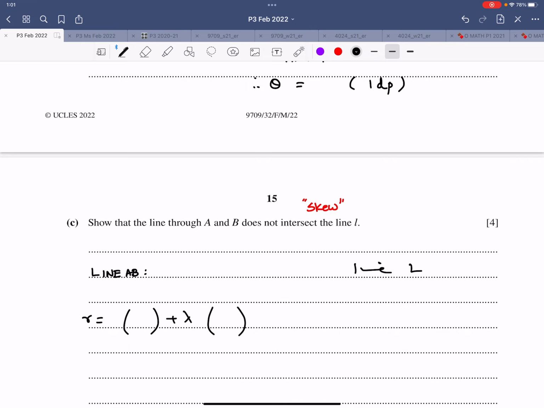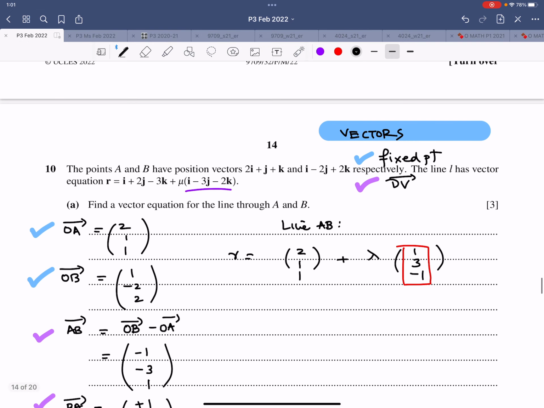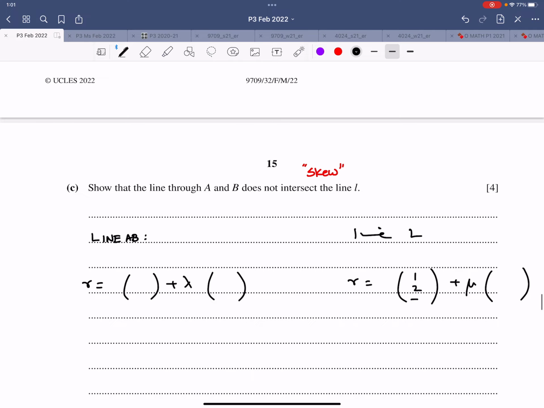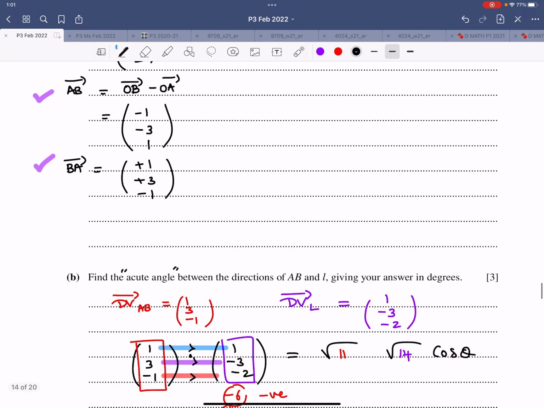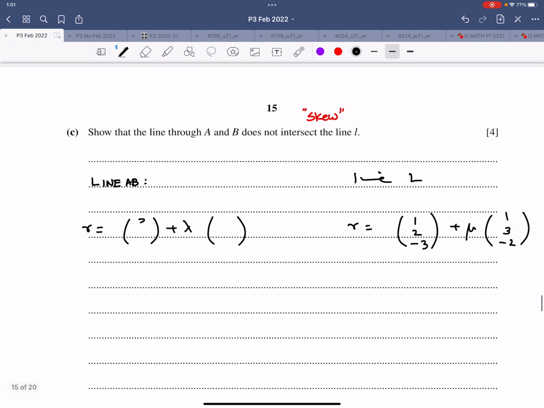Line L is r equals something plus mu something. First let me write L: (1, 2, -3) plus mu (1, 3, -2). Line AB is (2, 1, 1) plus lambda (1, 3, -1).